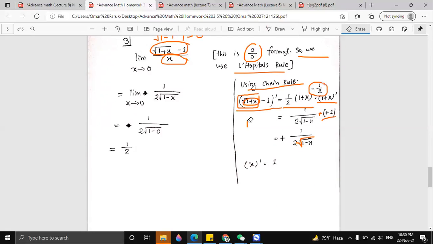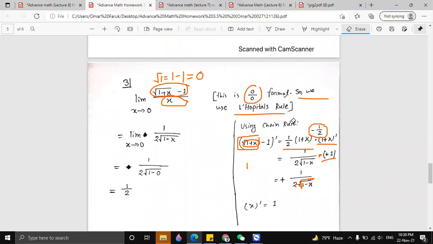So now we found that the derivative value of this numerator is 1 by 2 root over 1 minus x, right? And the derivative of this denominator, this is x, and we know that the derivative of x is equal to 1, right?